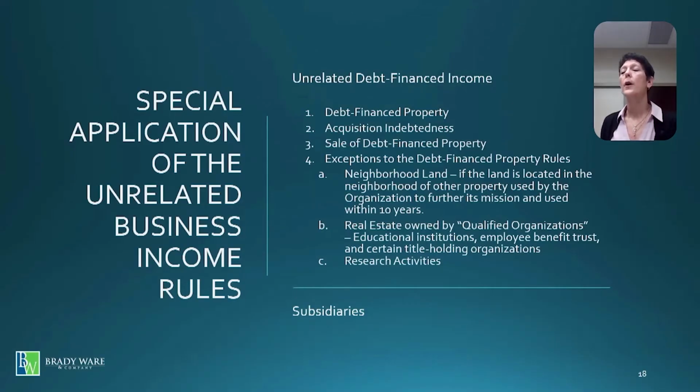Part of it could be classified as UBIT income, and part of it is really related to their mission and doesn't meet that three-prong test. A good example of fragmentation comes down to how the income is being generated.